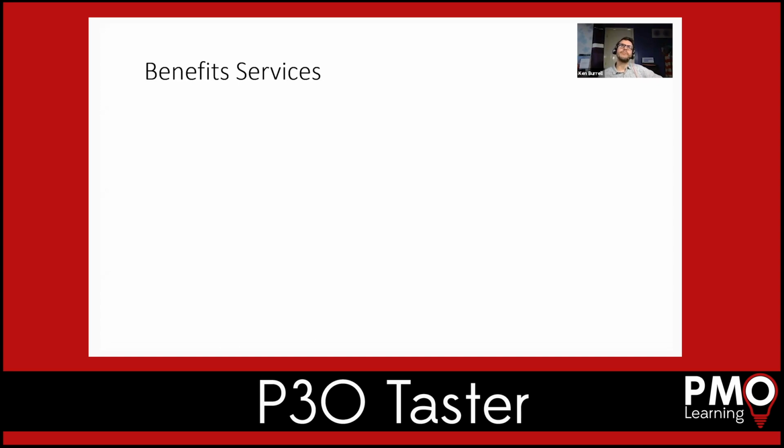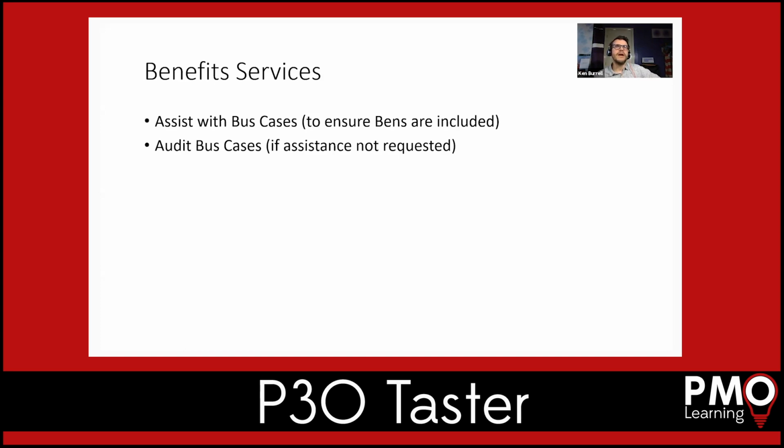So we looked at it from the perspective of the life cycle of the project, starting with assisting sponsors to write business cases to make sure that benefits are included in those business cases right from the beginning, to make it easier to monitor them as we go through. And if anyone in the group wants to chip in, then by all means do so as we're going along. If assistance has not been requested from the PMO for writing the business cases, then auditing the business cases to make sure those things are in there.